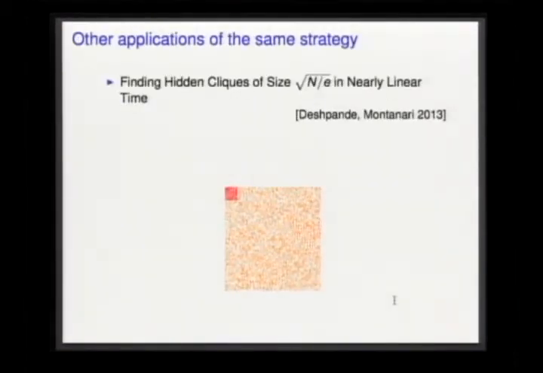The same kind of techniques has been used by Andrea and Yash to obtain a constant which is slightly better than 1 over square root of 2 for the clique problem, and they conjecture that the constant 1 over square root of e is the optimal constant for that problem.